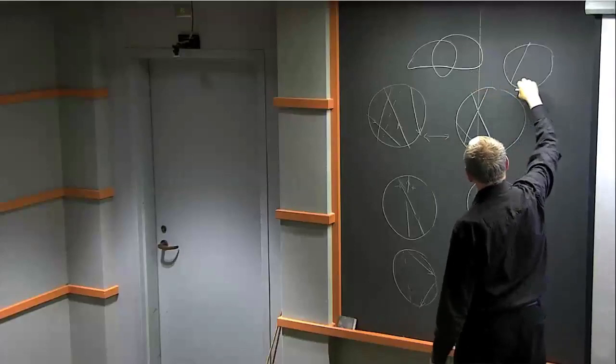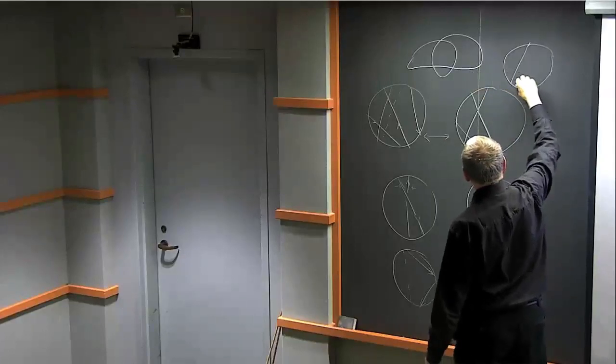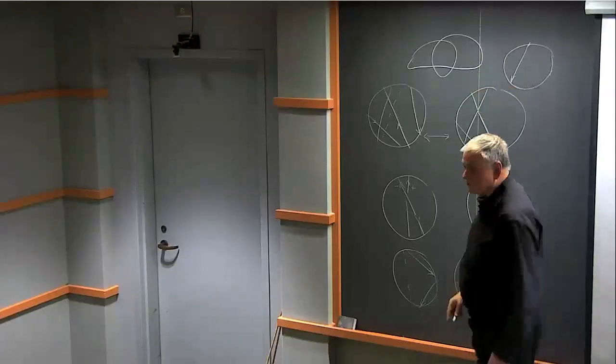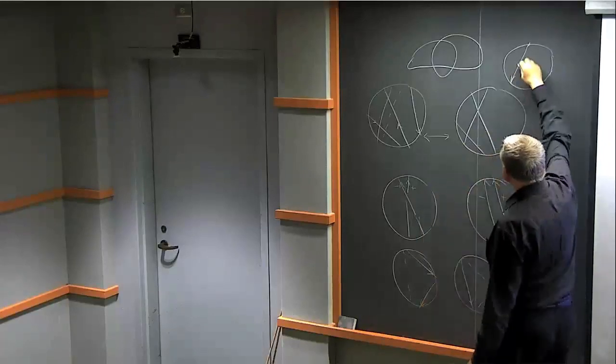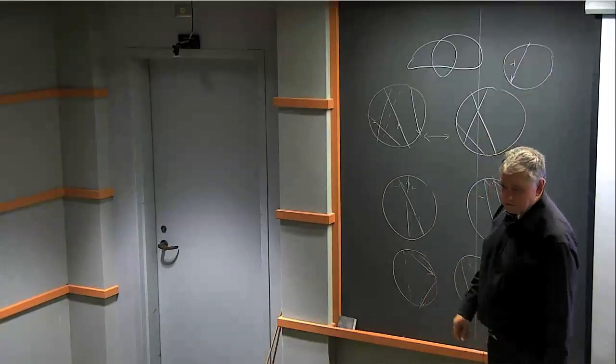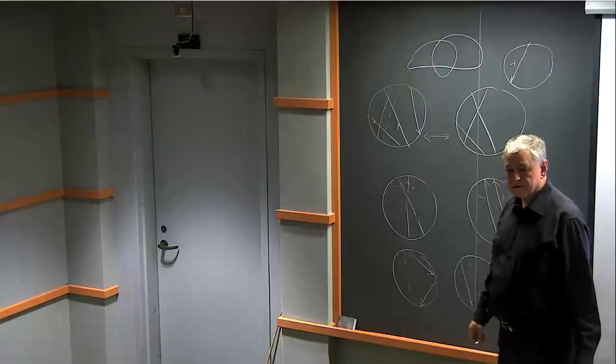And we orient from up to down. And also we have to put here the sign of this crossing. And this gives what we called a Gauss diagram.